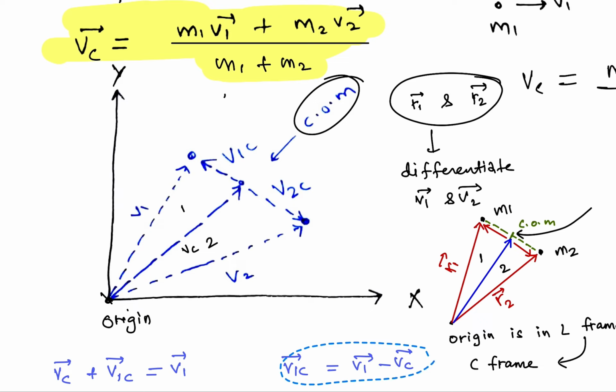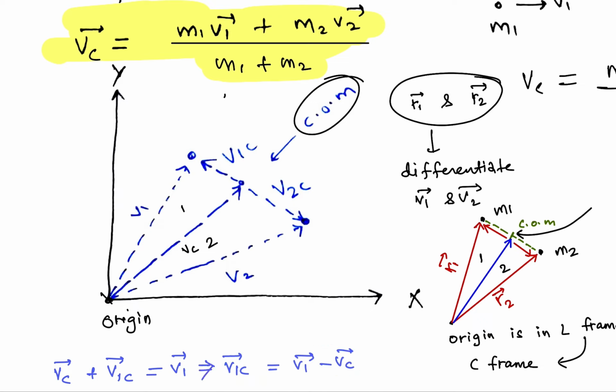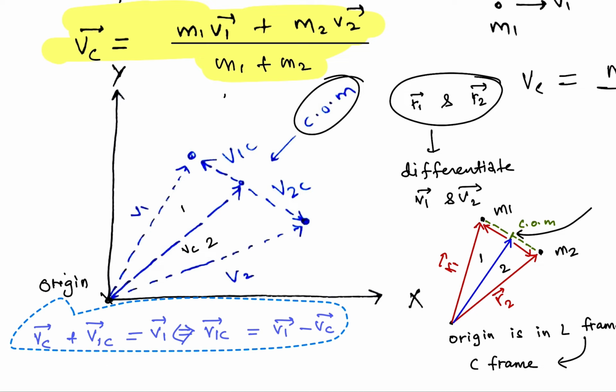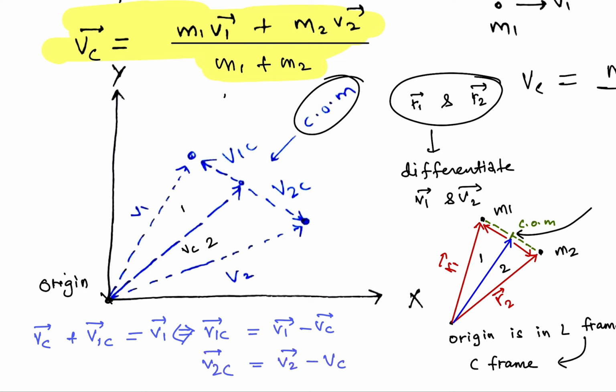For the second particle, we could say the same argument, that V2c is equal to V2 minus Vc.